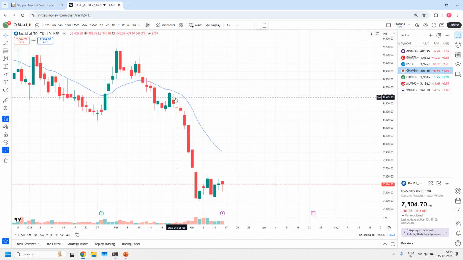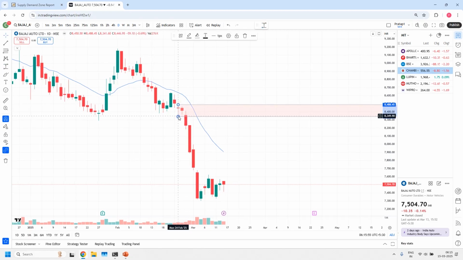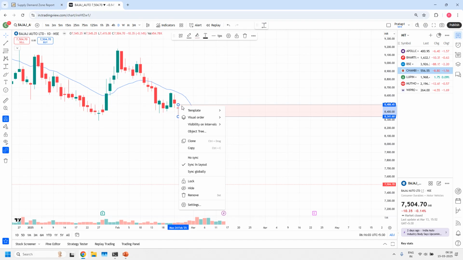So that's why we are considering this as a drop. And also you see, the price movement here is in a narrow range. The most important thing is that price movement in a narrow range is very, very important in supply-demand zones. When demand and supply are equal, prices will move in a narrow range.